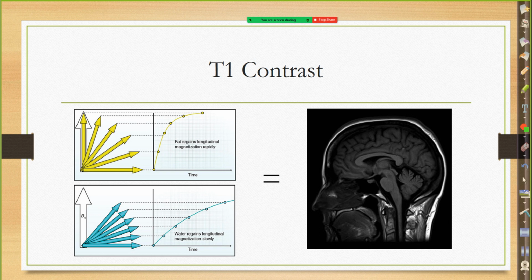And remember, we keep talking about the longitudinal plane for T1 and T1 recovery, but we only get signal in the transverse plane. So we have to hit it with another RF pulse to get this larger vector now into the transverse plane compared to a smaller vector of water in the transverse plane. So yes, fat does have a larger vector when we're talking about T1.